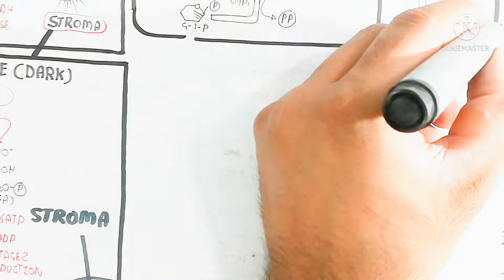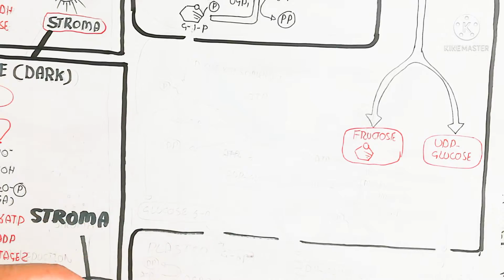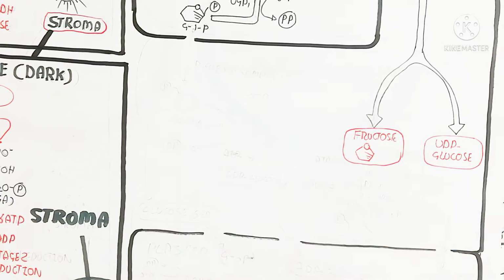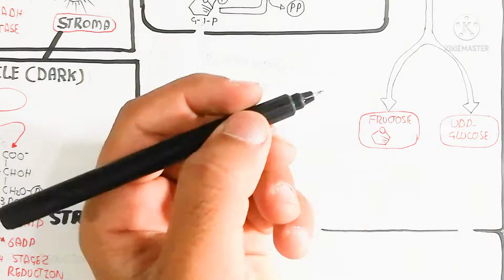and again the invertase enzyme is used to produce fructose as well as UDP glucose. So the UDP glucose and the fructose will be formed in this way.